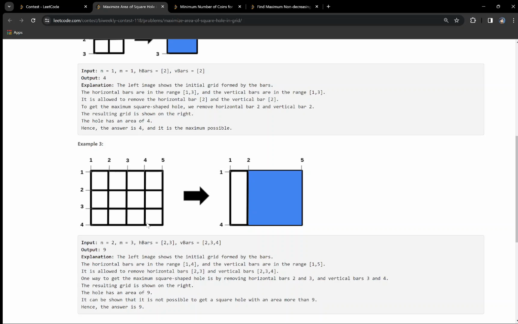Suppose some are removed, some are not, the configuration will be this. Now we can find, so 1, 2, 3, 4, 5, 1, 2, 3, 4 and 5.